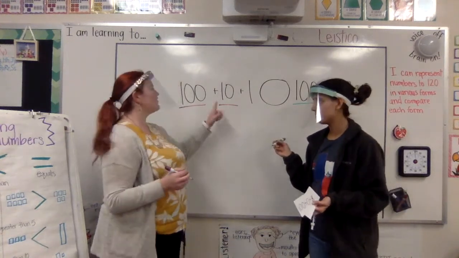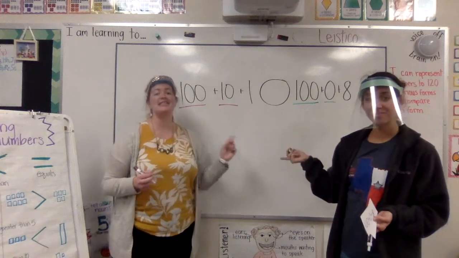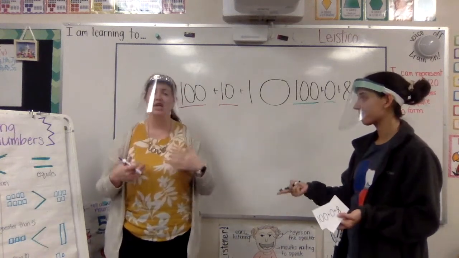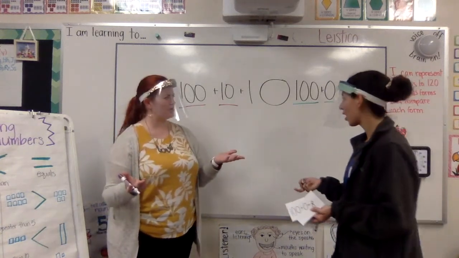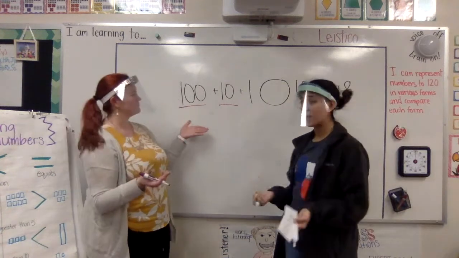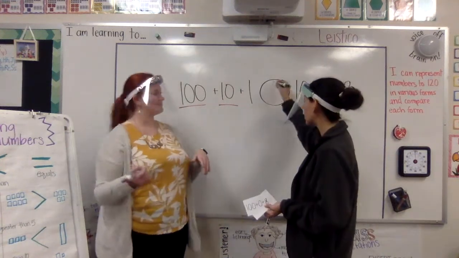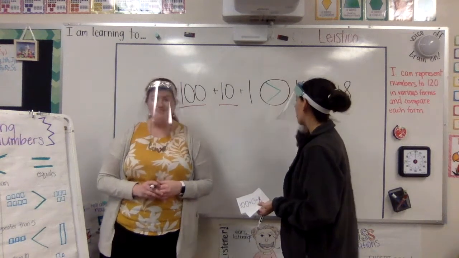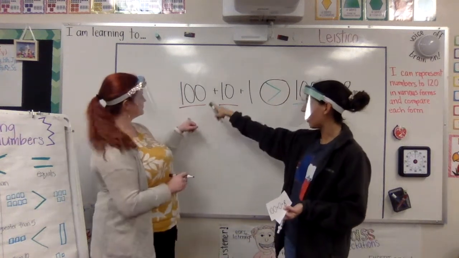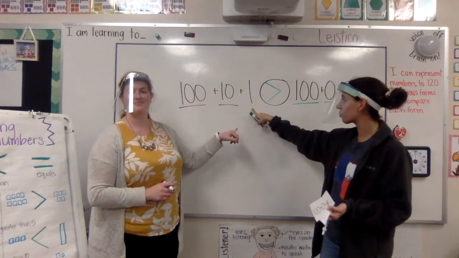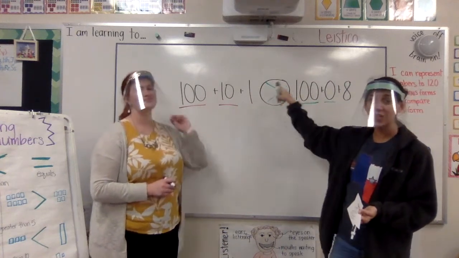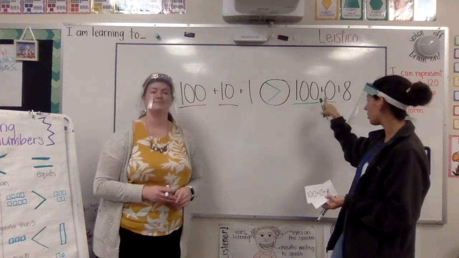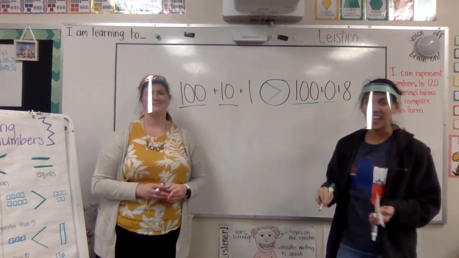That's right. So if I have a greater value of tens, that means my number is greater. What symbol should we use? Well, that means we would use the greater than symbol. So the bigger side would need to be towards the bigger number, which is Miss Lime's number. So I'm going to say that 100 plus 10 plus 1 is greater than 100 plus 0 plus 8.